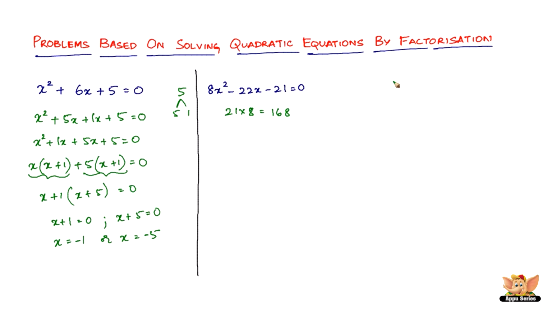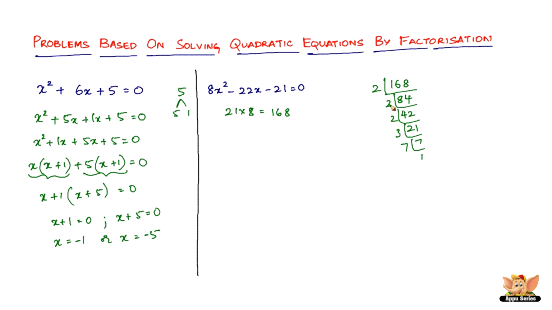Now let us factorize 168. So 2 times 84, 2 times 42, 2 times 21, 3 times 7, and 7 times 1. Now you need to use these numbers to come up with something. When you add or subtract them, the sum is going to give you 22, and the product is going to give you 168.